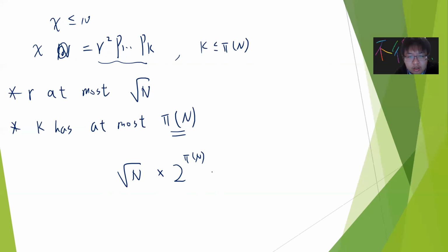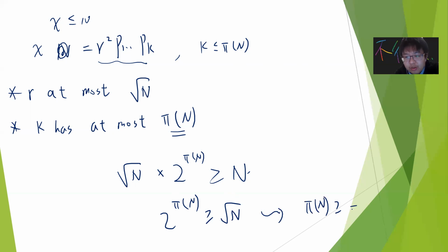This tells you that 2 to the pi of n is greater than or equal to square root of n, which means pi of n is greater than or equal to a half log n. So if you take n to infinity, the number of primes must go to infinity.